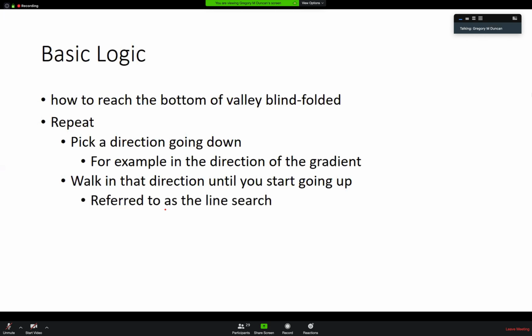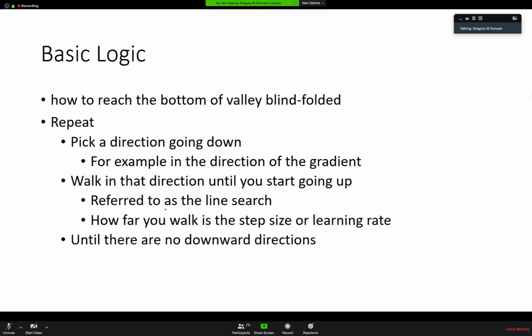That's referred to as the line search. That's, in essence, what you're deciding when you walk in that direction and you start going up. That tells you what the alpha is. That tells you how far in the direction you walked before you stop. How far you walk is the step size or the learning rate. And you keep doing that until there are no downward directions.